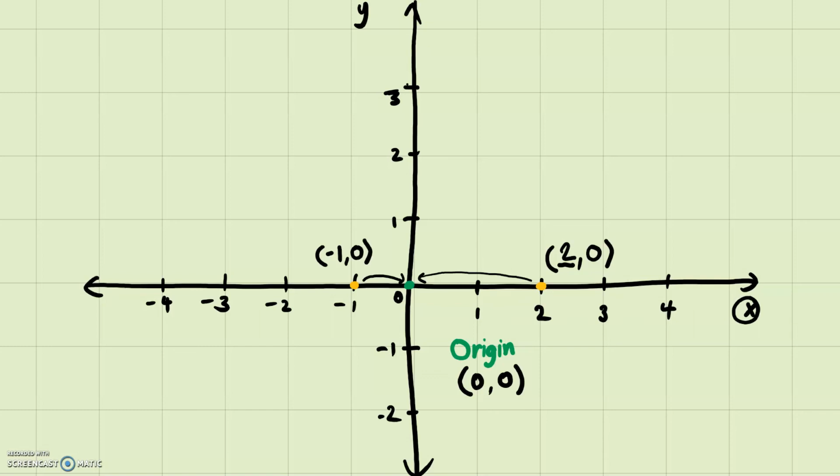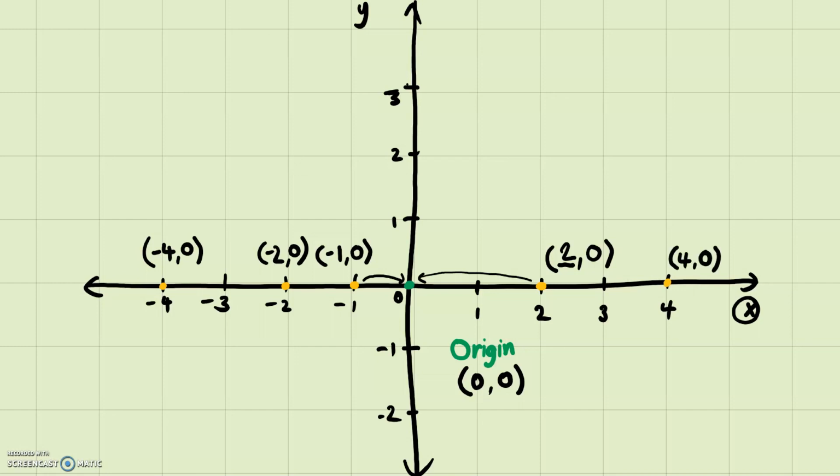And you'll notice that this is going to be true for all the points on the x-axis. So this point is going to have x is -2, y is 0. This point right here, x is going to be -4, y is going to be 0. This point right here, x is going to be 4, y is going to be 0.